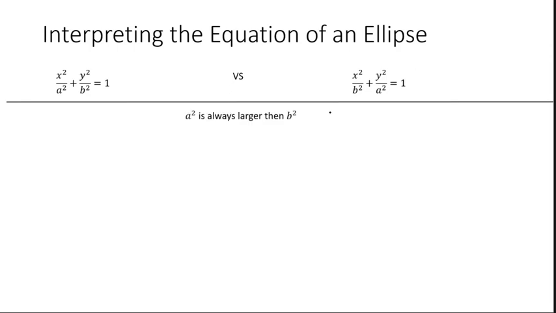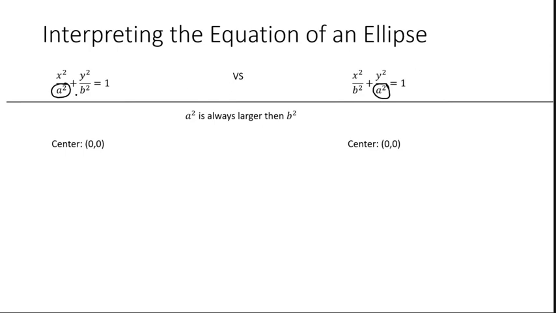Well, for both of these, a squared is always larger than b squared. And that's the difference between these two equations. So for the first one, the larger number is below the x term, whereas for the second equation, the larger number is under the y term. So with both of these equations, the center is going to be at 0, 0.